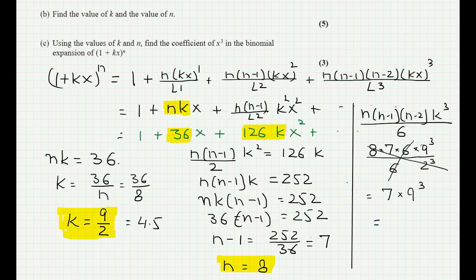So 9 to the power 3 is 729 multiplied by 7, that is 5103.